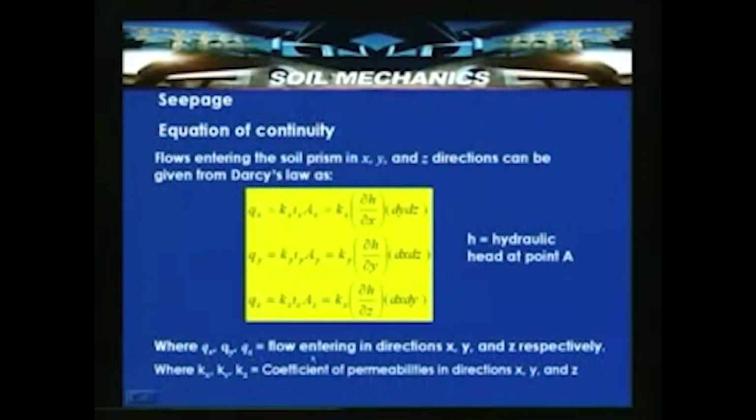Similarly, now we can also write the flows leaving the soil prism, that is coming out of the particular soil element under consideration. Here qx, qy, qz are the flows entering in x direction, y direction, z direction respectively, and kx, ky, kz are the coefficients of permeability in x, y and z direction, because in our problem the flow occurring in the x, y and z directions is not equal.